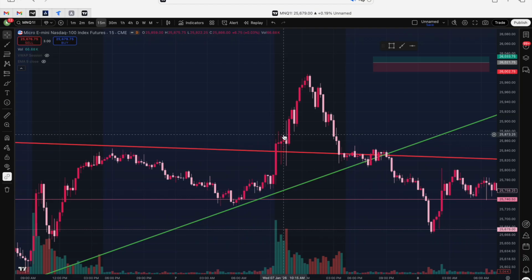The learning from this is, do not take entries in a trade you are not comfortable with, because then there is no point in taking the trades. Either I would have gone with my three touch point rule, and I would have entered somewhere here, right?